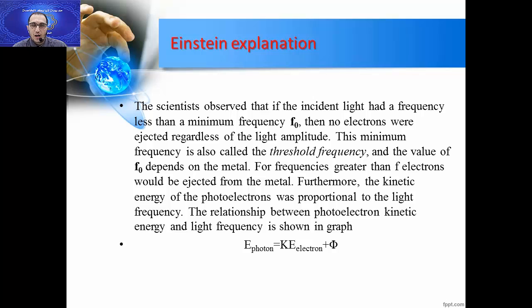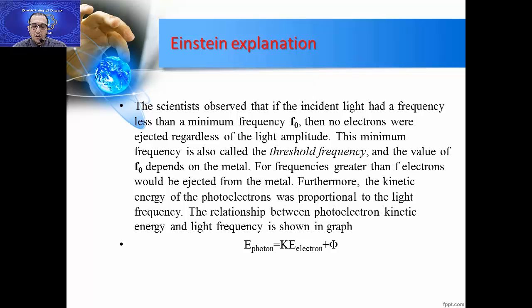But if it's furthermore, what's meant by furthermore? If the frequency of the incident light is greater than this threshold frequency f0, the electrons eject from the metal, plus we have a kinetic energy Ke.